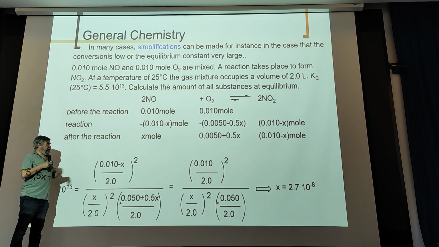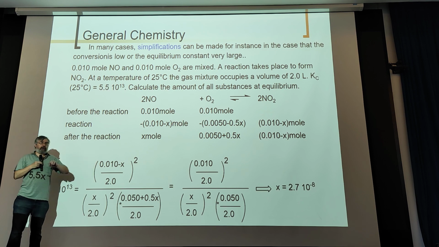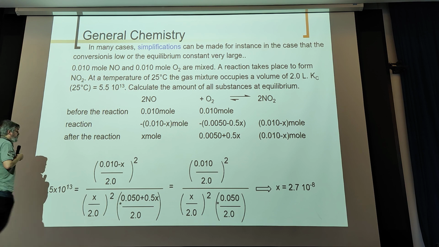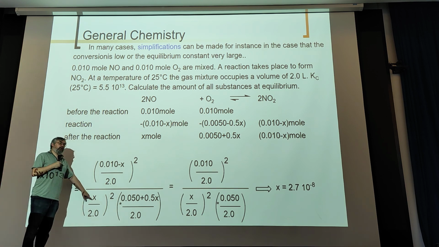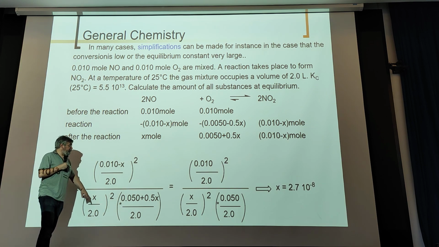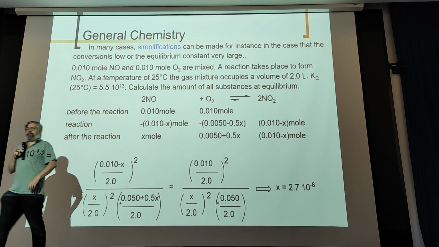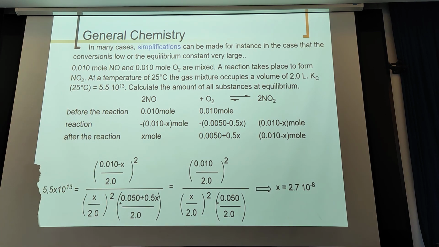This is the concentration. It's in 2 liters, so we divide by 2. It's squared because there are 2 NO2 molecules. There are also 2 NOs. There's x amount NO left, divided by 2 liters. And this is the amount of oxygen that we have to use up. We are not squaring that because it's only 1 mole.